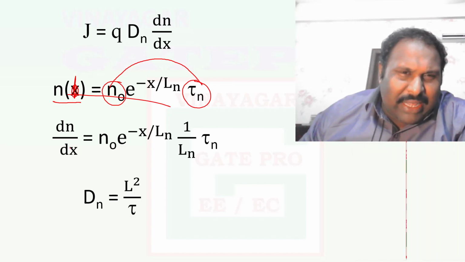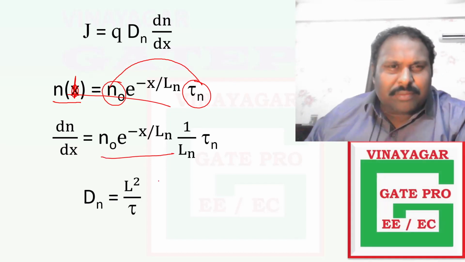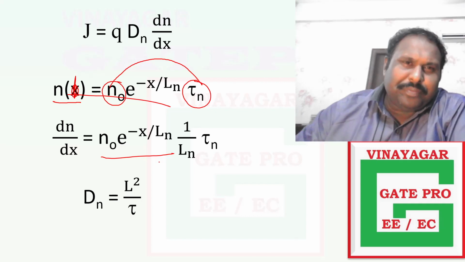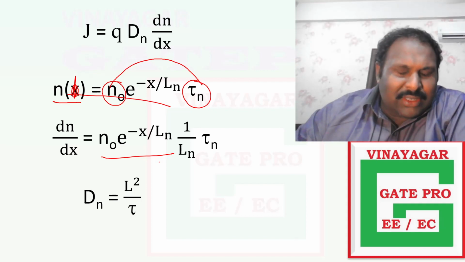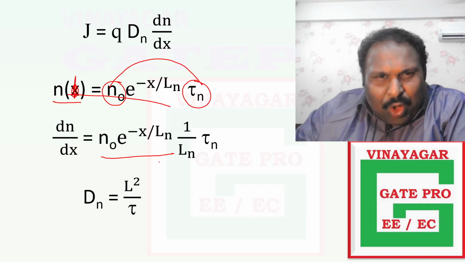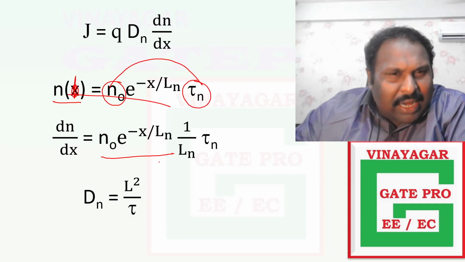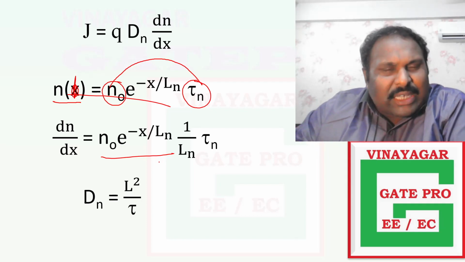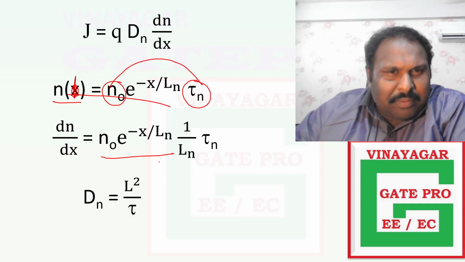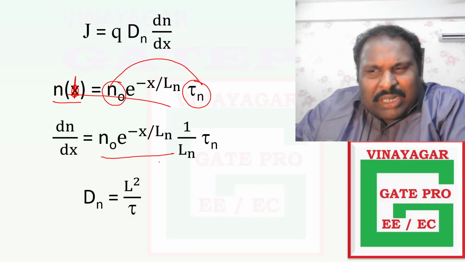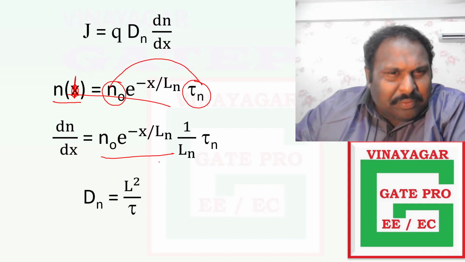So what is dn by dx? Derivative of this. And the topic is over. So why are you getting the concentration gradient? We are getting it because it is exponentially recombining. That exponential recombination gives you the concentration difference.